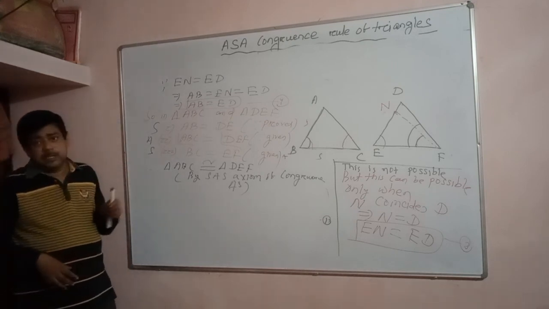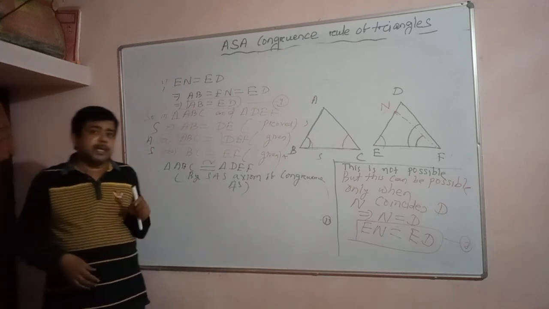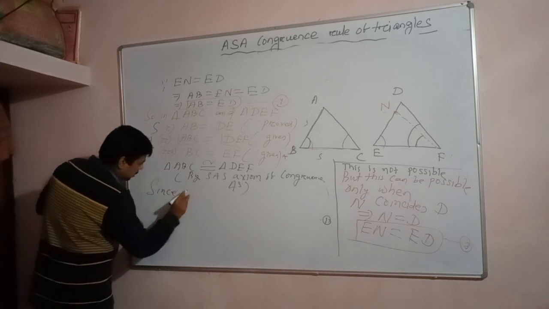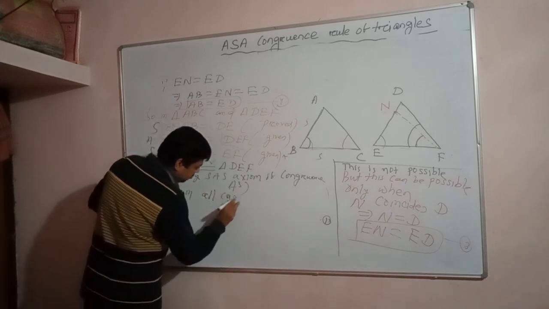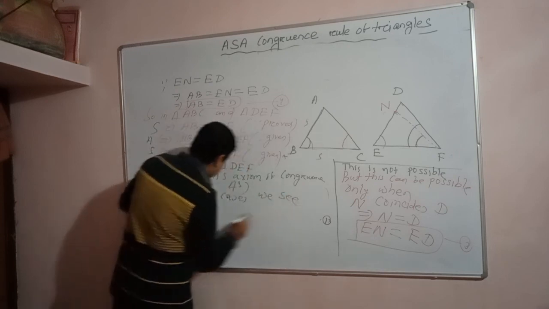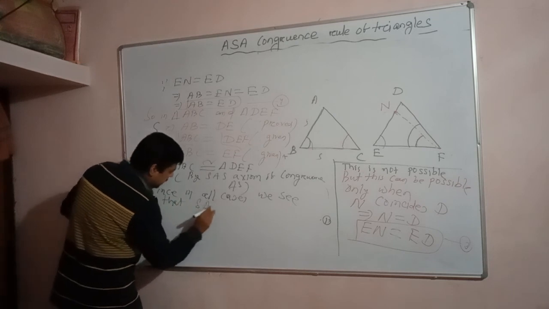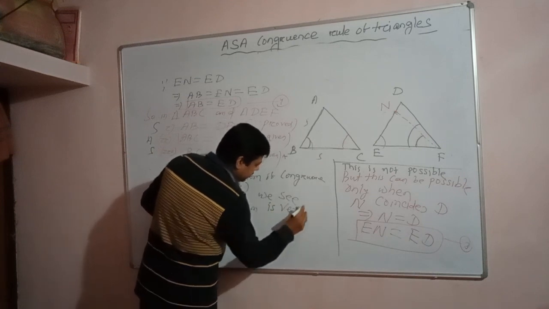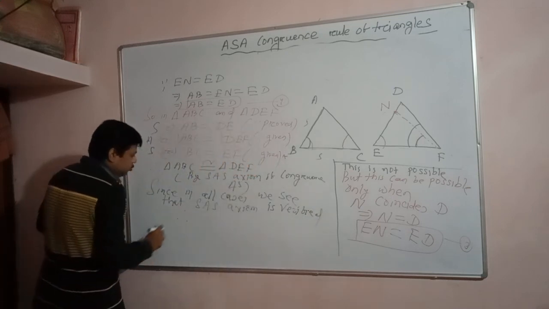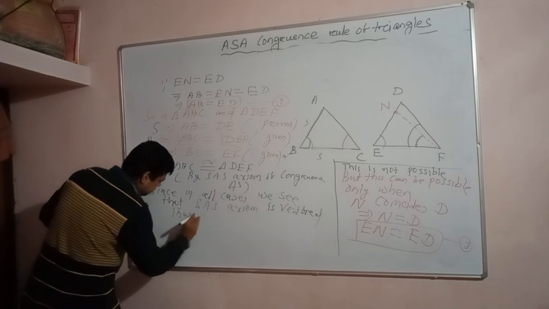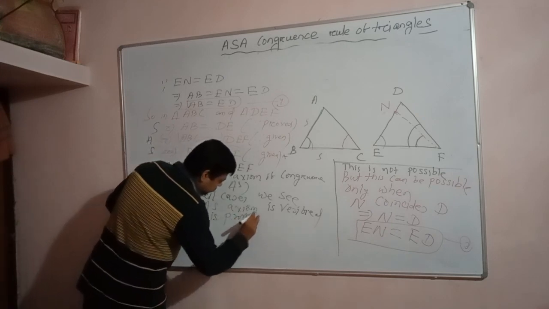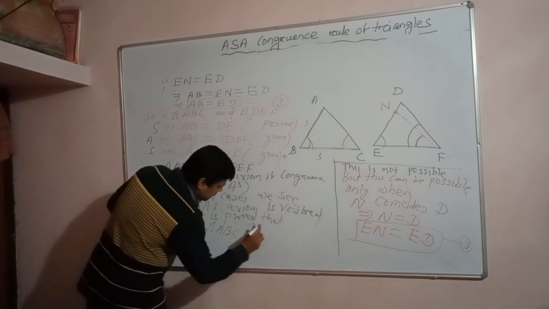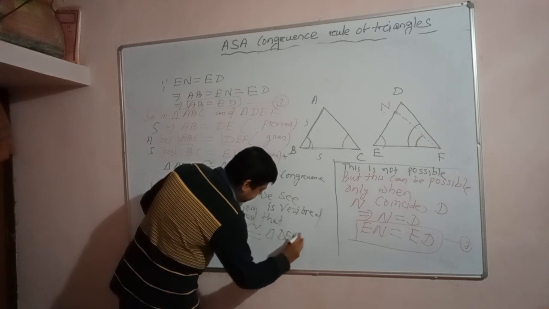So in all 3 cases, since the side angle side axiom is verified, thus it is proved that triangle ABC is congruent to triangle DEF. Look.